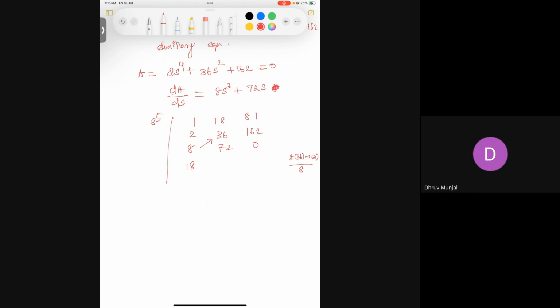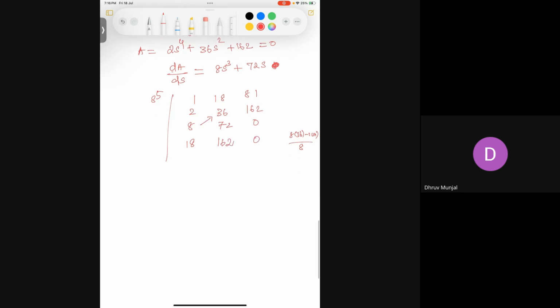Again, we'll take the first column. Okay, sorry, I've been confusing it with that. 162 by 0, again divided by the same number, then it will give you the same 162, right? Good.